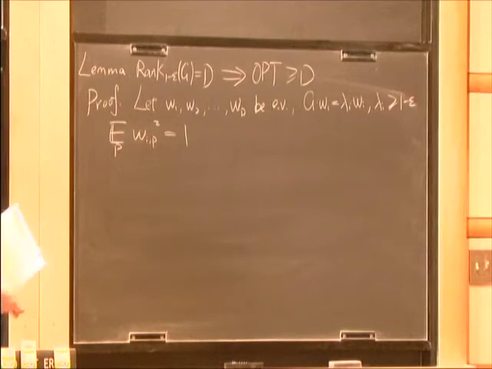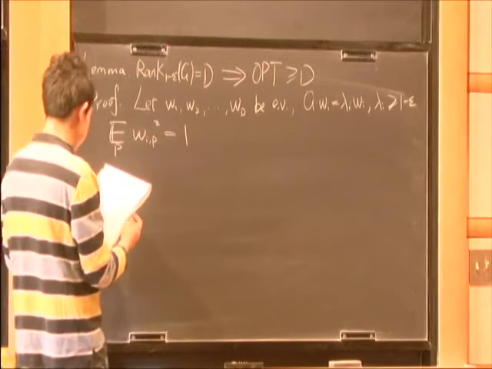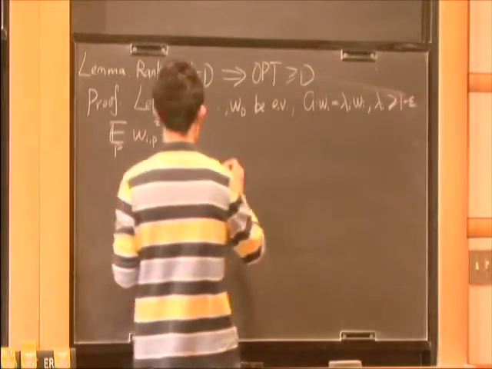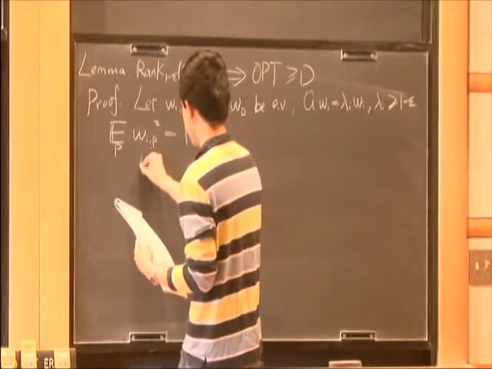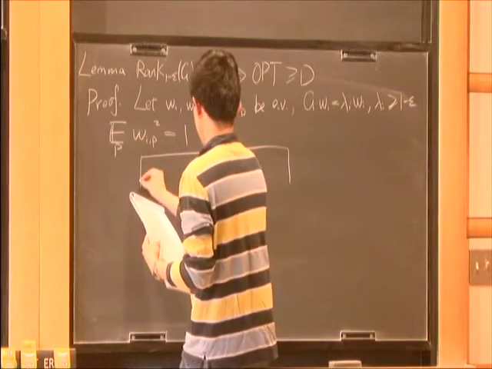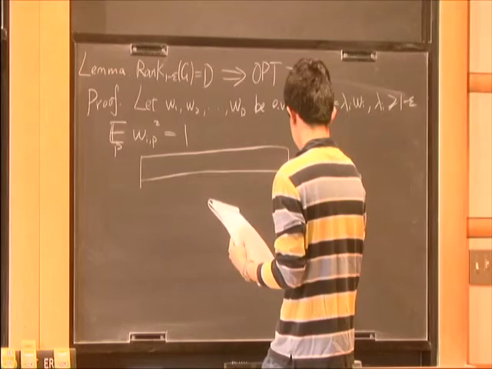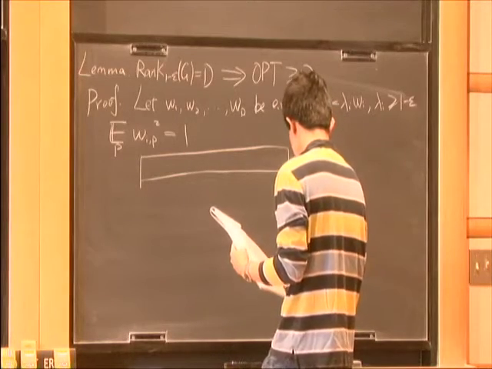But now we need to construct the vectors Z in this relaxation. This is done by, we first write these W vectors as row vectors. So W1, W2 to WD.